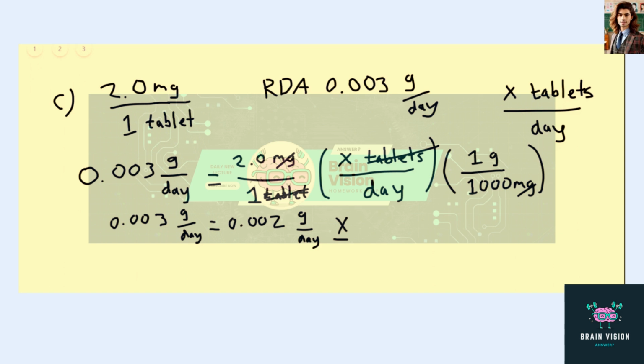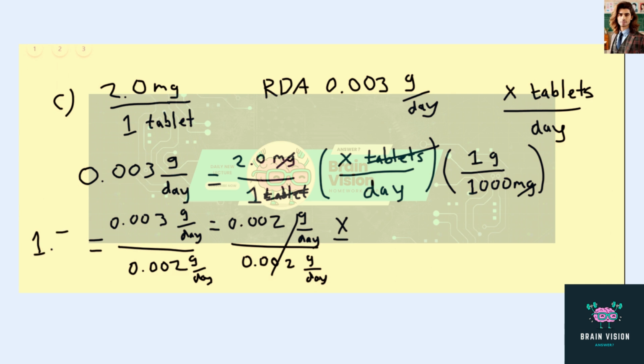So we divide both sides by 0.002 grams per day. This goes to 1, and this quantity gives us 1.5.